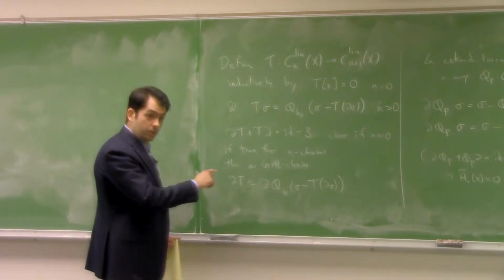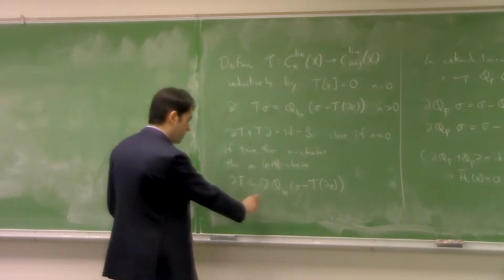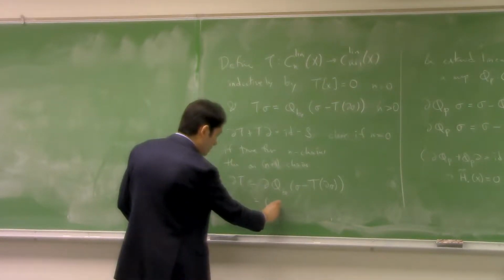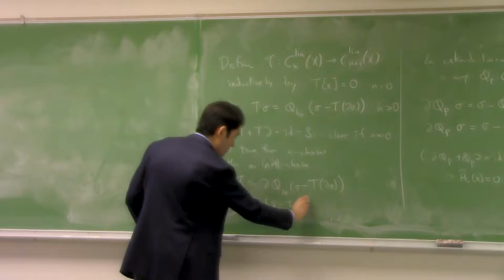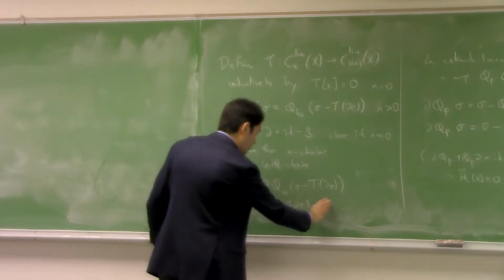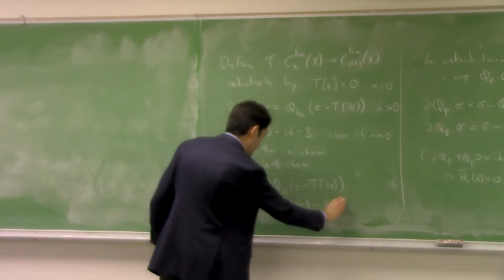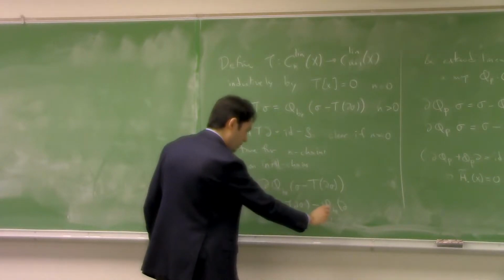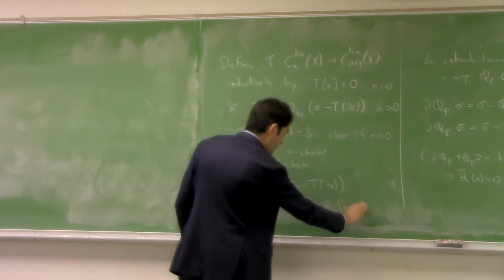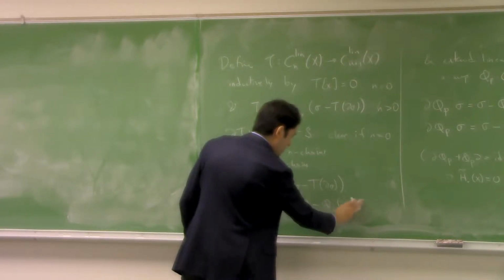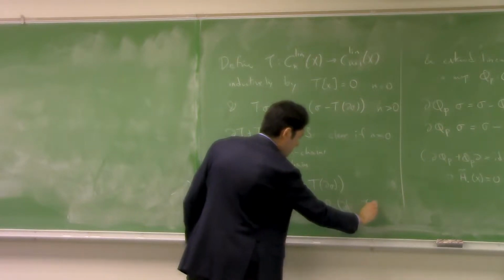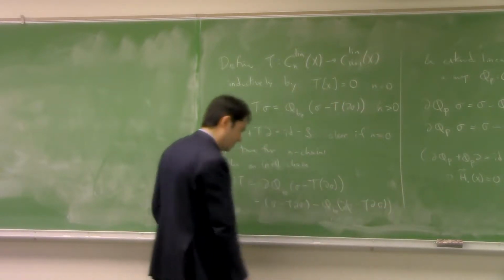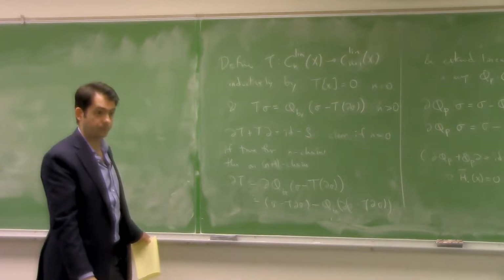We know what Q does with the boundary. So this would be the identity minus Q applied to the boundary. So boundary of sigma minus, well, let's see the boundary T boundary sigma.